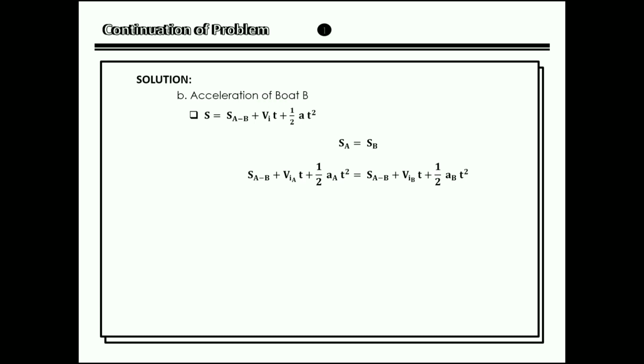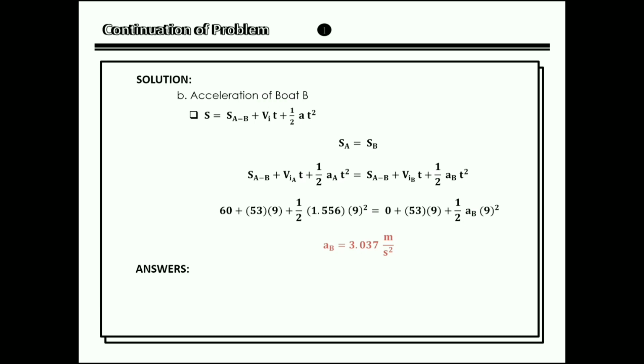By substituting the values, we get 60, which is the head start of boat A, plus 53 multiplied by 9 plus 1/2 multiplied by 1.556 multiplied by 9 squared equals 0, since boat B started from the initial position, plus 53 multiplied by 9 plus 1/2 multiplied by a_B multiplied by 9 squared. By numerical method, we get the acceleration of boat B, which is 3.037 meters per second squared.